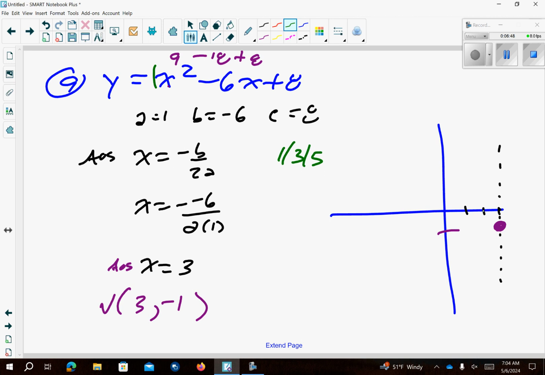So if I go right 1, up 1, look where I get to: 2, 0. And remember, that's 3, negative 1. I also get to 4, 0. And there's enough points there to get a good graph of this. Okay, flip the page over. I think we have some more graphing.